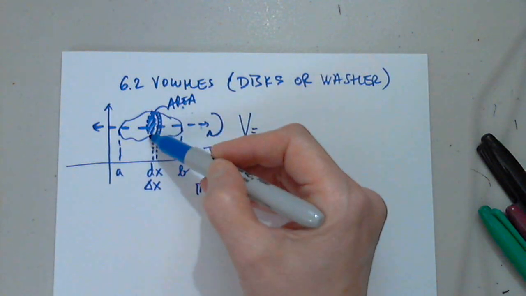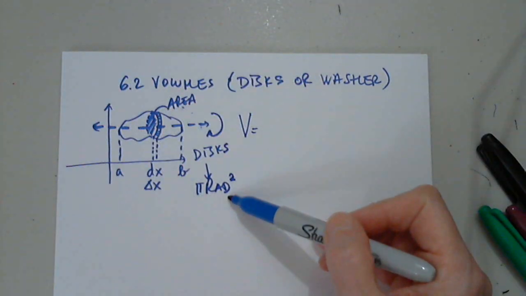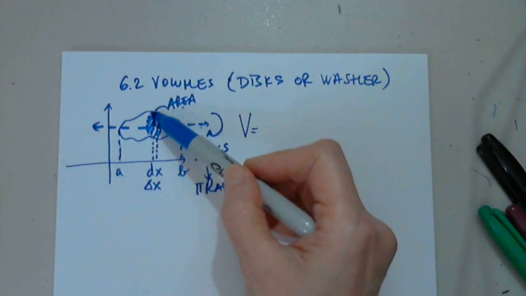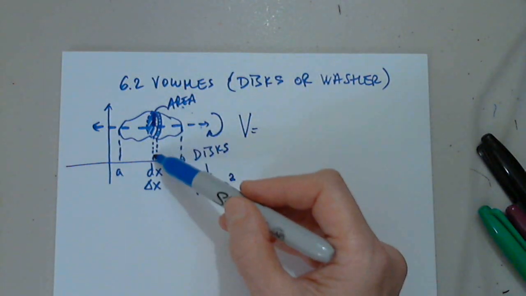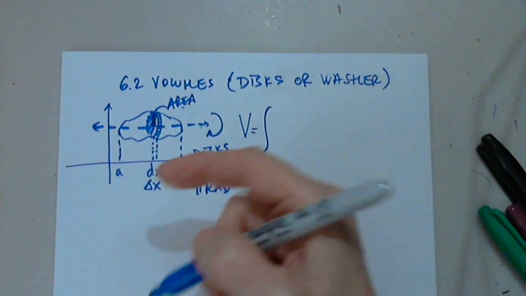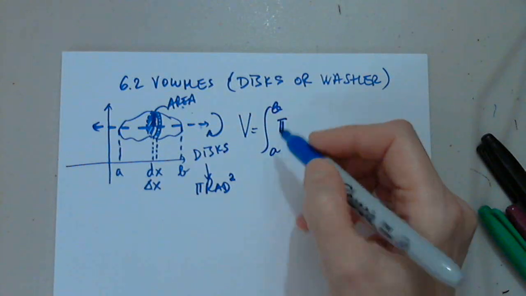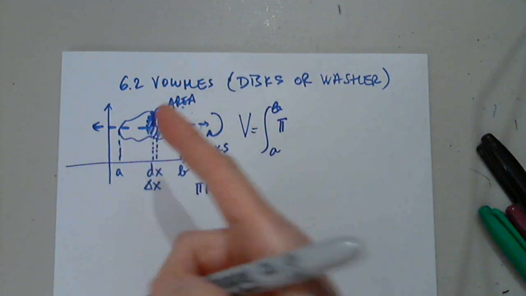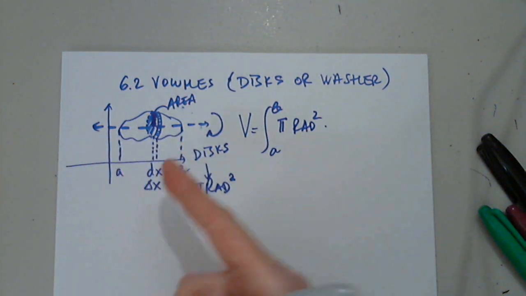So this disk has the following volume: pi r squared, where r is the radius of the disk, multiplied by dx. So then the volume will be the integral from a to b, from pi, the radius squared, of course, multiplied by dx.